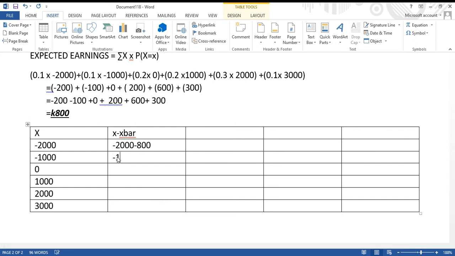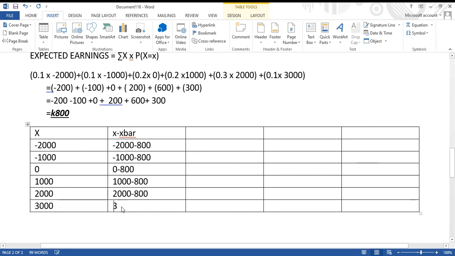Negative 1,000 minus 800. 0 minus 800. 1,000 minus 800. 2,000 minus 800.